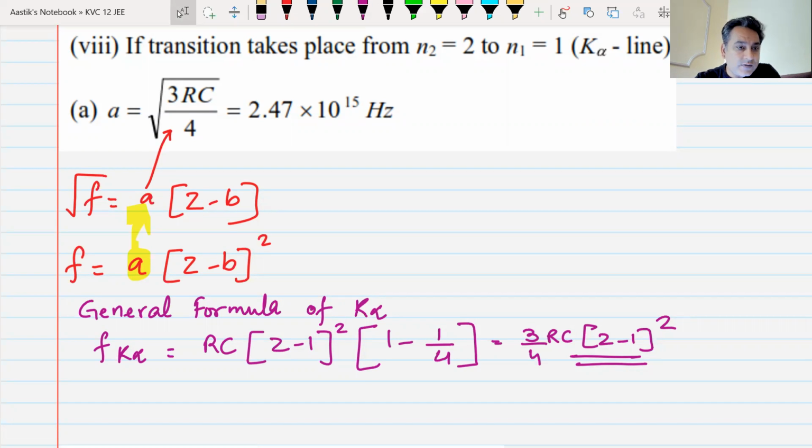What will be the formula of lambda with this correction that Moseley has made? With this formula, you don't have to remember it; you will be able to understand it. What is the formula of lambda for these characteristic X-rays?